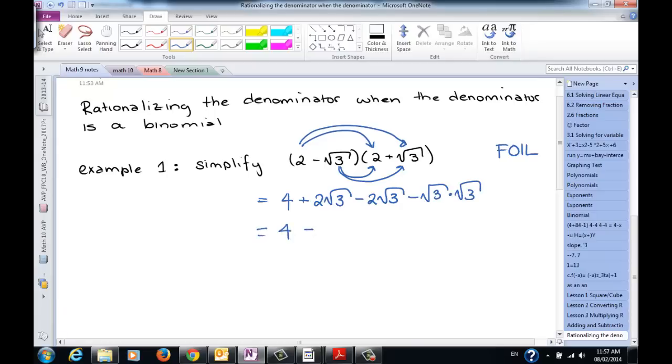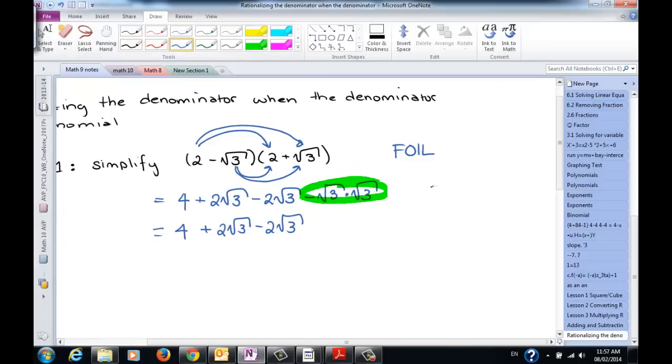We have 4 plus 2 root 3 minus 2 root 3, and this, hopefully we remember, is the same thing. If we look over here, we've got negative root 3 multiplied by root 3, which is the same as negative root 3 multiplied by 3, which is the same as negative root 9, which is just equal to negative 3. So this becomes negative 3.